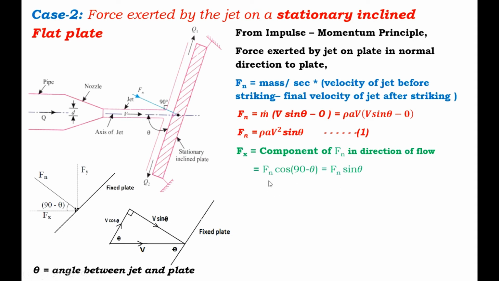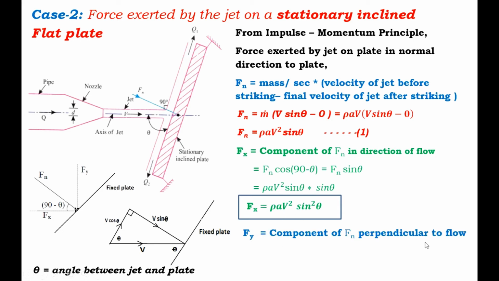We get Fx is equal to rho a v square sin square theta. Now consider the component of Fn perpendicular to the flow, that is the force in the y direction. So Fy is equal to Fn sin 90 minus theta, which is equal to Fn cos theta. If you substitute the value of Fn, we get Fy is equal to rho a v square sin theta cos theta.